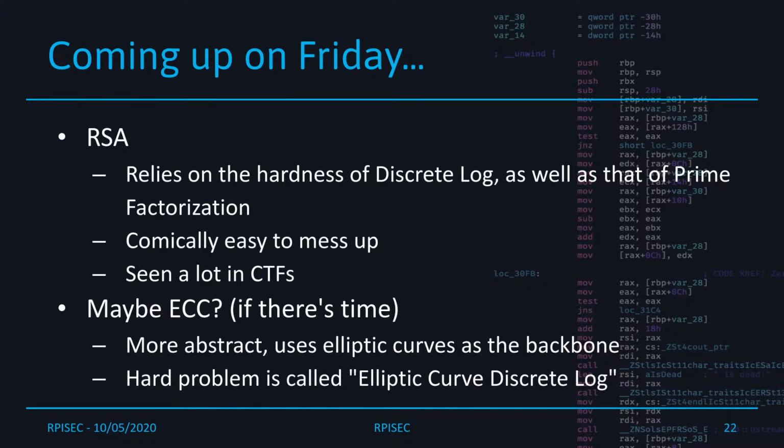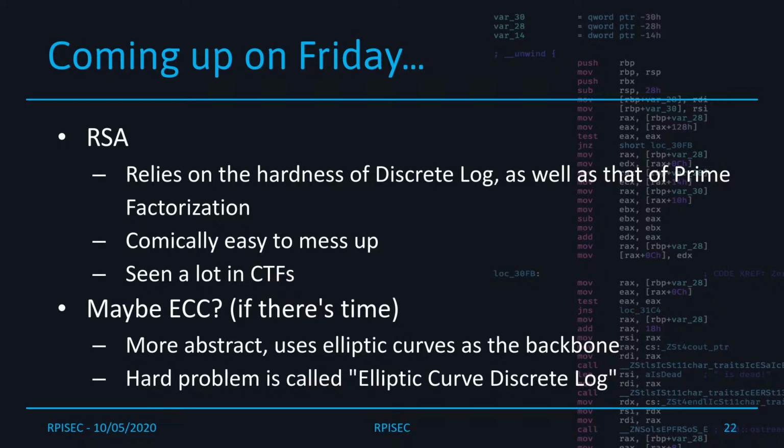So coming up on Friday, we will be looking at RSA, which is kind of the classic asymmetric crypto system that everybody knows. And like Diffie-Hellman, RSA relies on the hardness of the discrete log problem, as well as that of prime factorization. And what's funny is both of these problems are not actually confirmed. They haven't been proven to be NP complete.